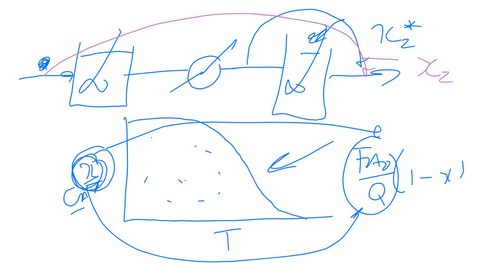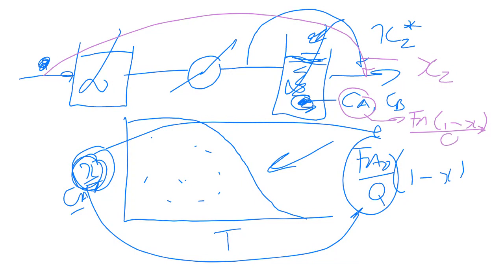If I calculate the concentration here, a frequently made mistake, and I've made this mistake myself, by being in a rush or being stressed, is if I want to calculate the concentration of A and the concentration of B in the second reactor. If you use the purple line for calculating your concentrations, it can be Fa0 times 1 minus X2 divided by Q.